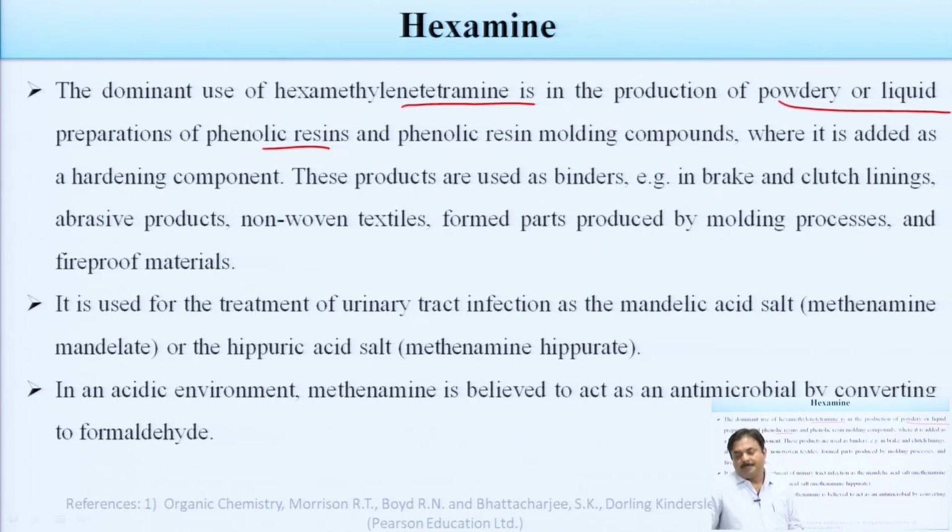So, it is used for the treatment of UTI in salt form, the salt of mandelic acid as methenamine mandelate and the salt of hippuric acid as methenamine hippurate. These two molecules are very important for the treatment of UTI, which is a very common problem of women. In an acidic environment, methenamine is believed to act as an antimicrobial by converting to formaldehyde. So, it also has some antimicrobial properties if we provide an acidic medium.